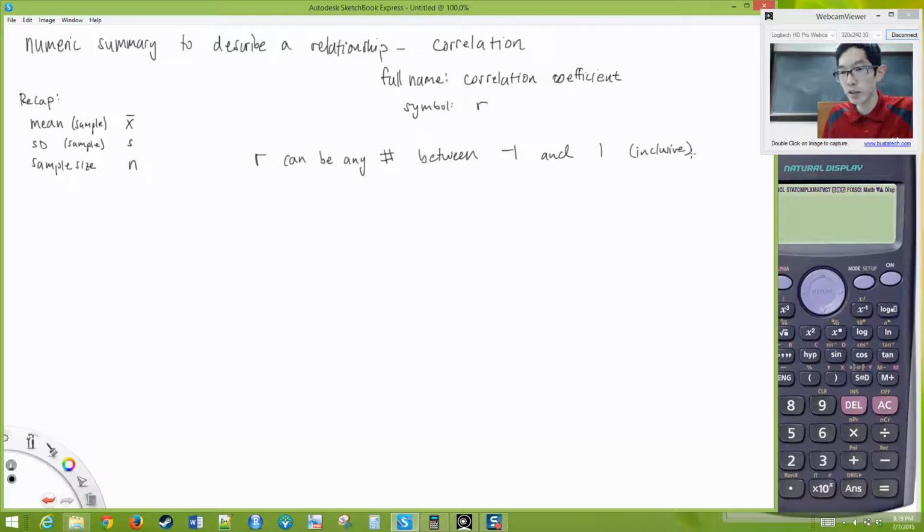You cannot have an R value bigger than 1. You cannot have an R value smaller than -1. If you get an R equal to 2.3, you did something wrong. Or that's not R, that's something else.